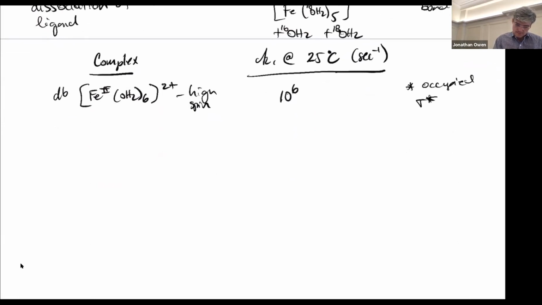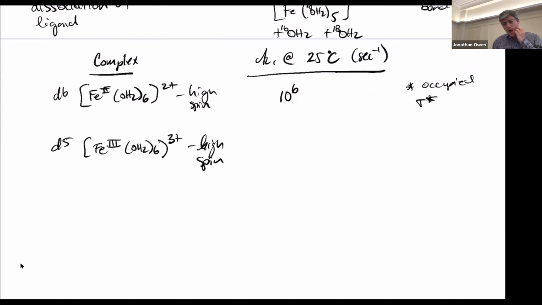So let's do the D5 case. This guy is also high spin, but now it's 3 plus. A 3 plus metal ion is more acidic.